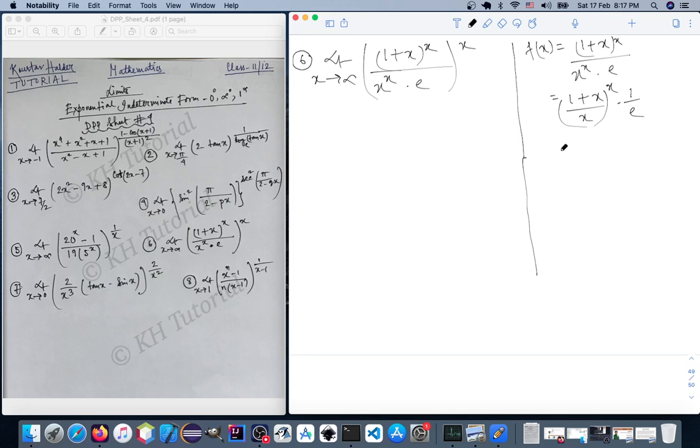And this is 1 plus 1 by x. Now at x tends to infinity we have a standard result that 1 plus 1 by x to the power x is e. We know this as a standard result.